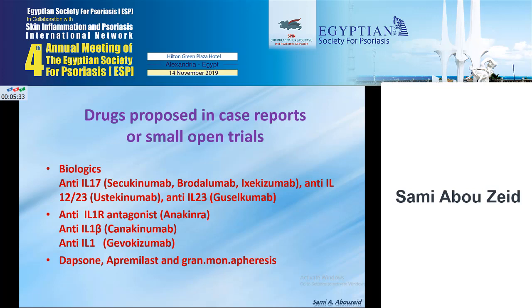Drugs proposed in case reports or small open trials: biologicals, anti-interleukin 17, anti-interleukin 12-23, and anti-interleukin 23, anti-interleukin 1 receptor antagonist, anakinra, anti-interleukin 1 beta, canakinumab, anti-interleukin 1 receptor, spesolimab, dapsone, apremilast, and granulocyte monocyte apheresis.